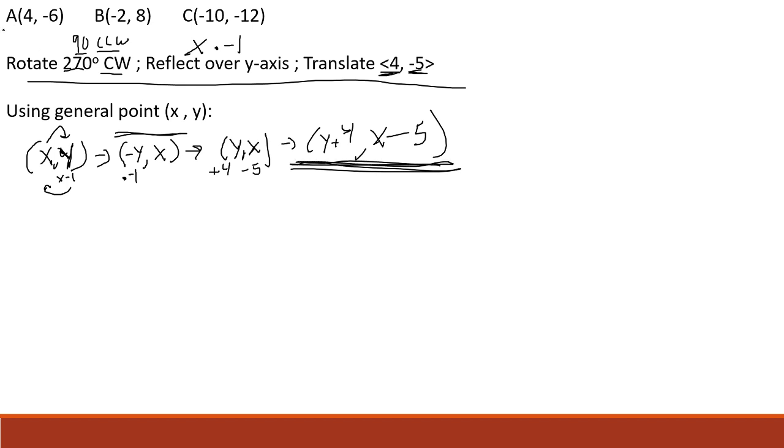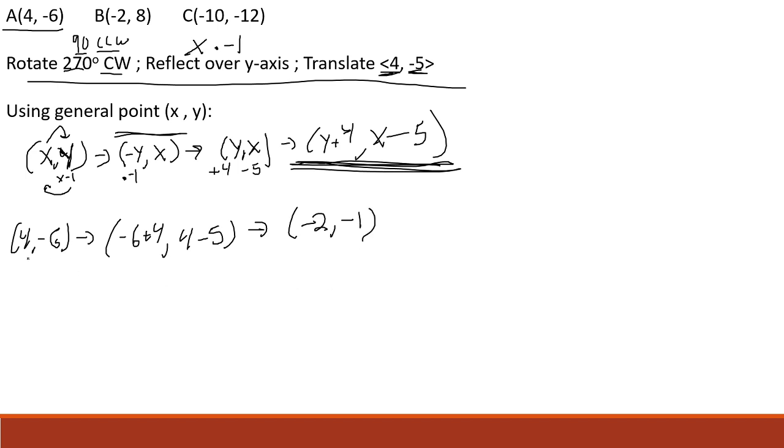So if I want to apply this to point A here, I would say 4 comma -6 would change into, okay, y value plus 4, so -6 plus 4, x value minus 5, so 4 minus 5. And I get -2 comma -1. I do the same thing for B and C. Let me try it 2 more times here. So y value plus 4, so 8 plus 4.